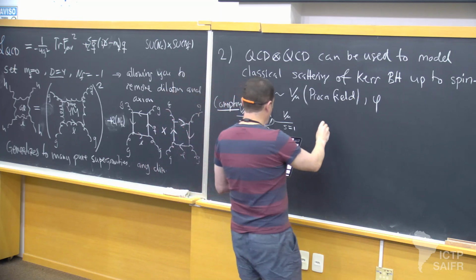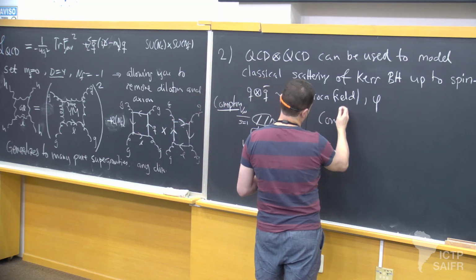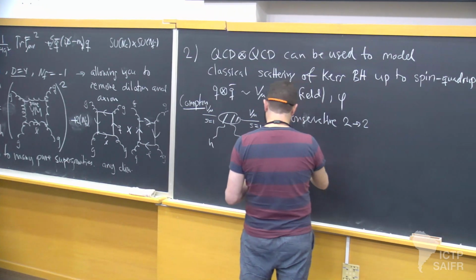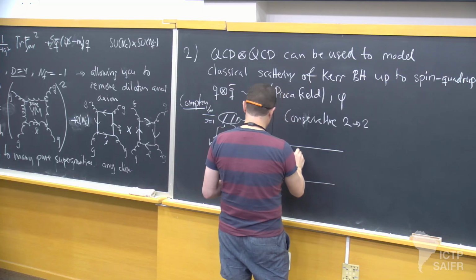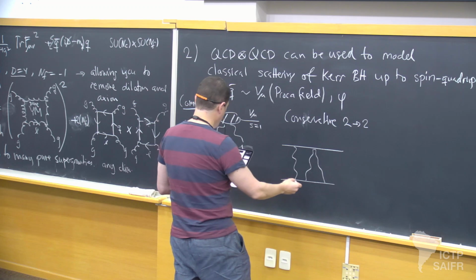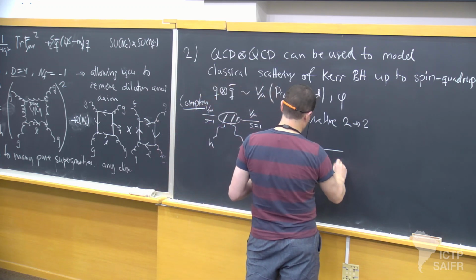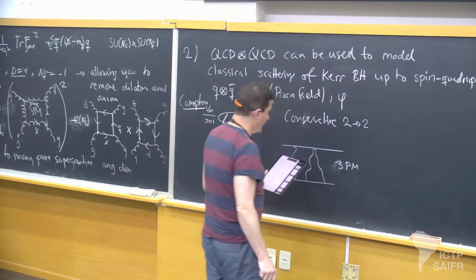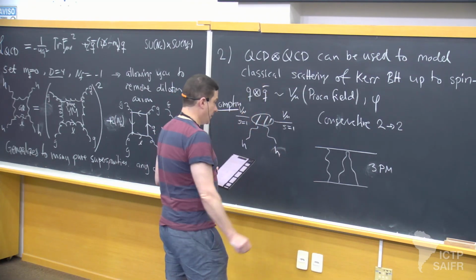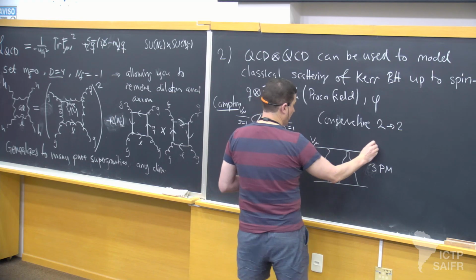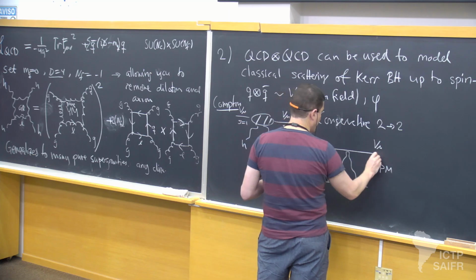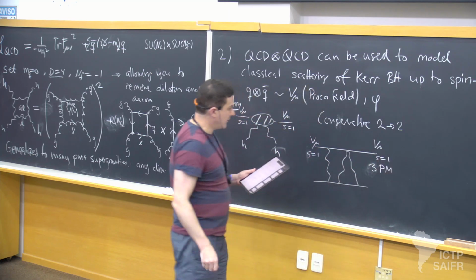You can also do conservative two-to-two scattering. Let me just draw a picture, something like this. This would be 3PM, say, if you're working in a PM expansion. And here again, you would put maybe a vector, a massive Proca, which is spin 1, and then you can do whatever you want on the other leg.